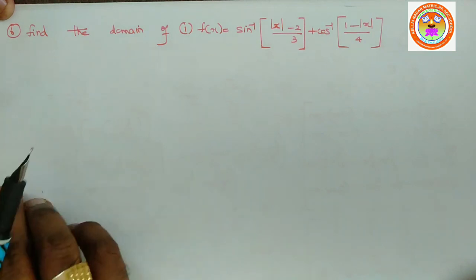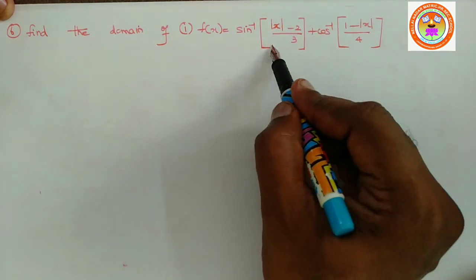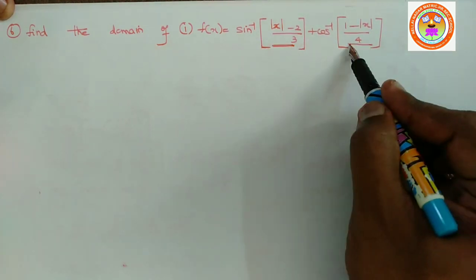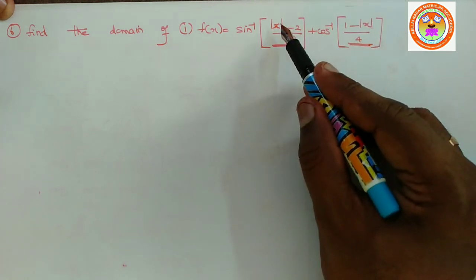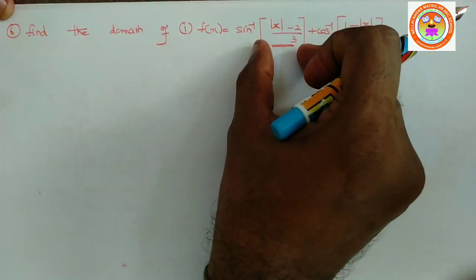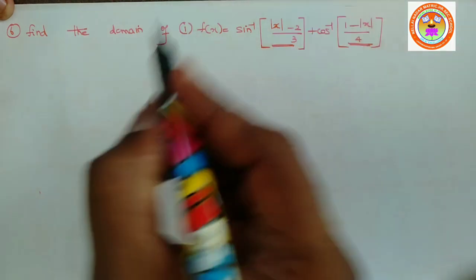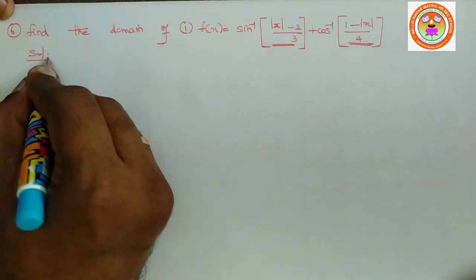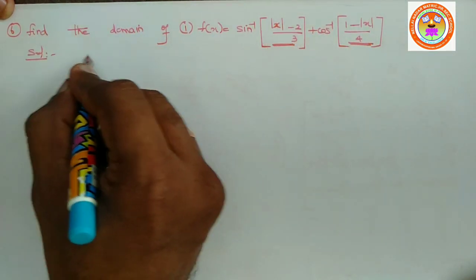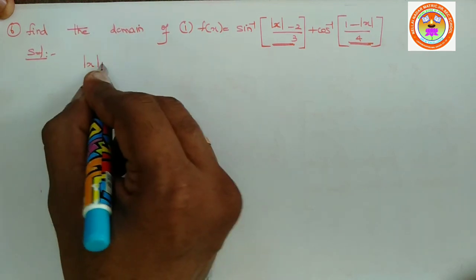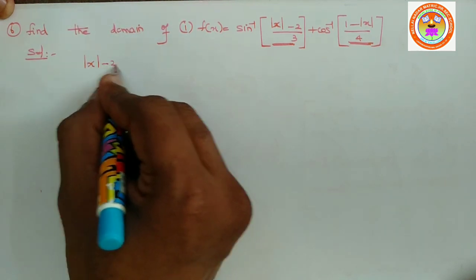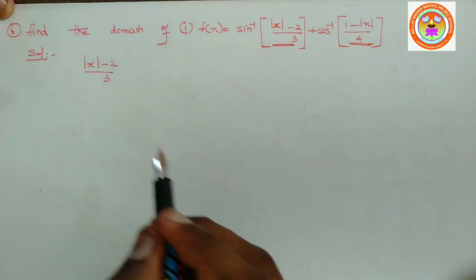Very, very important sum. In this, we are going to take this value alone, because we are going to solve this expression to get the value of x. So solution, we are going to take this value alone. Modulus of x minus 2 divided by 3.